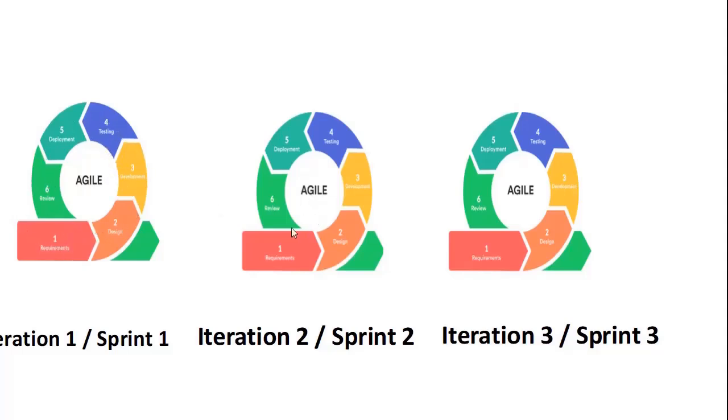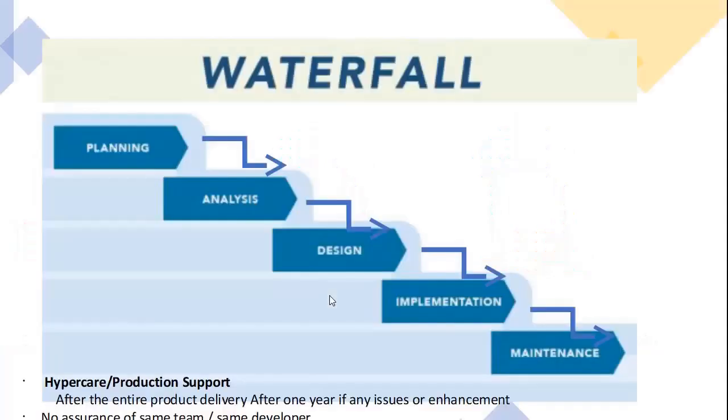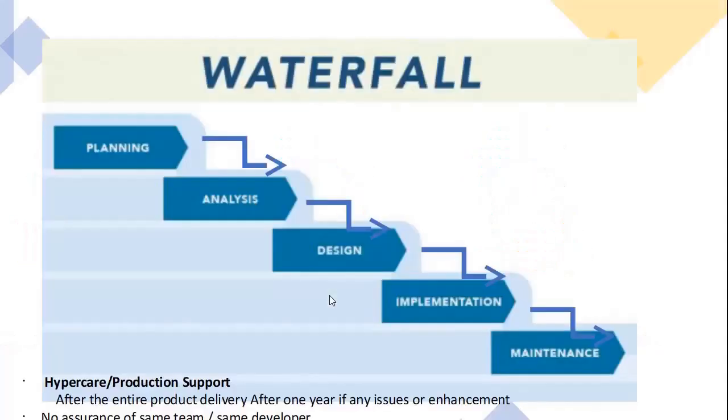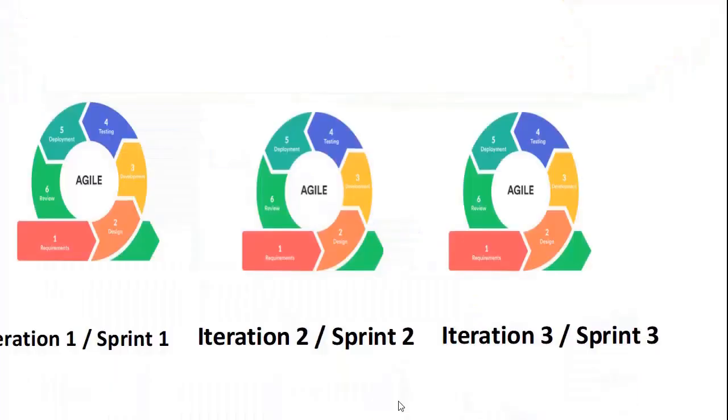But the difference between the waterfall model and the agile model is that in waterfall, the complete 1 year is delivered only once. But in the agile model, the single product development or project development is divided into different iterations, loops, or sprints, all are the same.